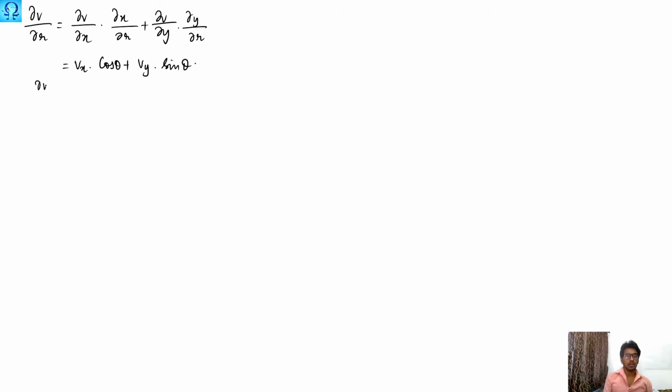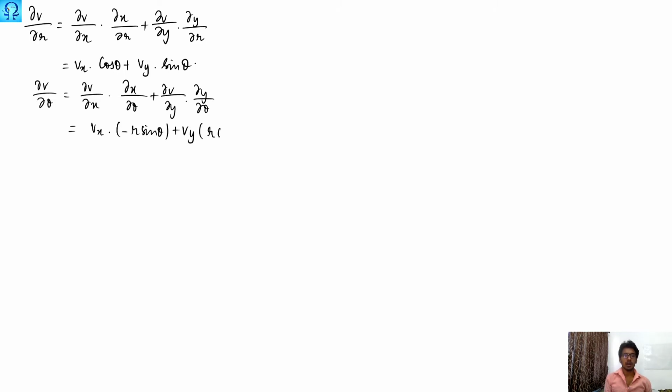And del v upon del theta may be written as del v upon del x multiplied with del x upon del theta plus del v upon del y multiplied with del y upon del theta, and this is vx multiplied with minus r sine theta plus vy multiplied with r cosine theta. From which we shall take r outside, then we have minus vx sine theta plus vy cosine theta.